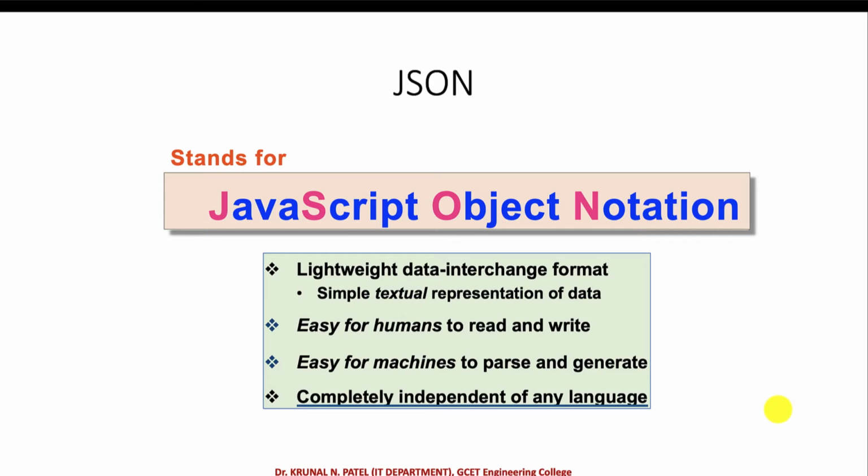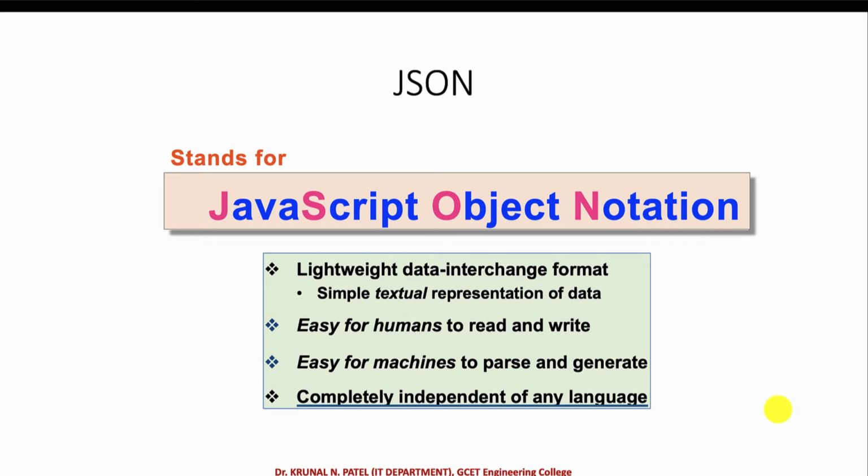Now, why JSON? It is easy for humans to read and write. It is easy for machines to parse and generate, right? And the main advantage is that it is completely independent of any language. You can use this JSON file with most probably all the programming languages, right?